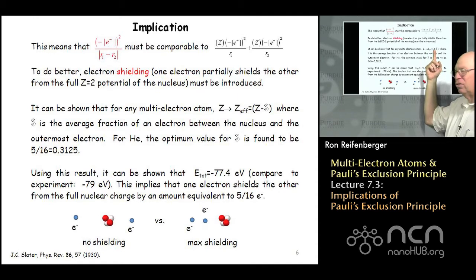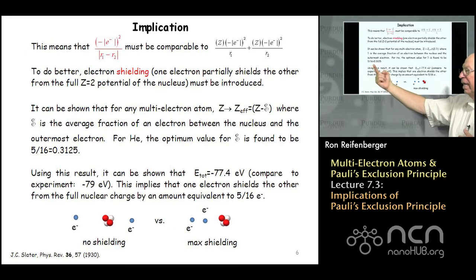And the effective charge on the nucleus is just the actual charge Z, which for helium is 2, minus some script S number. And this script S number has to be calculated somehow by some theory. And it turns out that for helium, there's been some very nice calculations done back in the 1930s that indicate that S is on the order of 5/16.